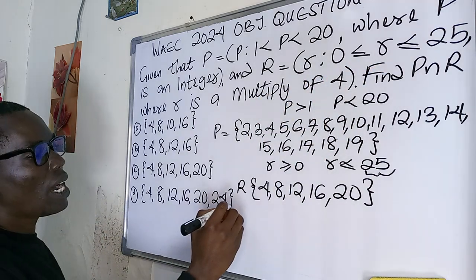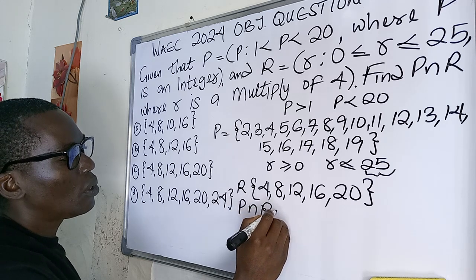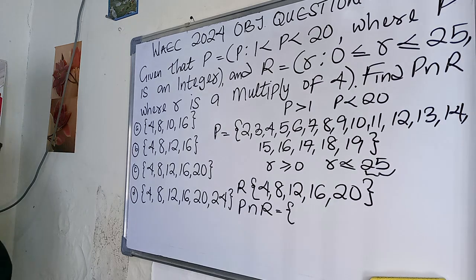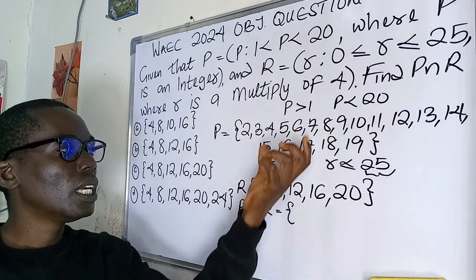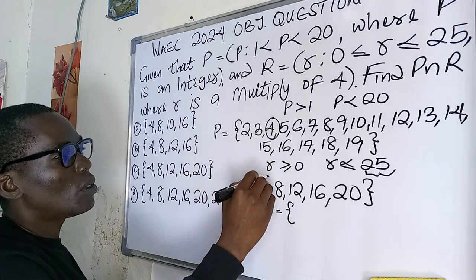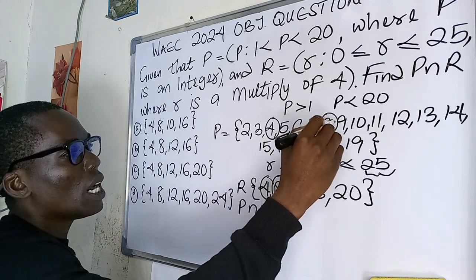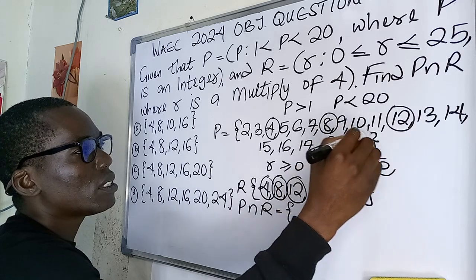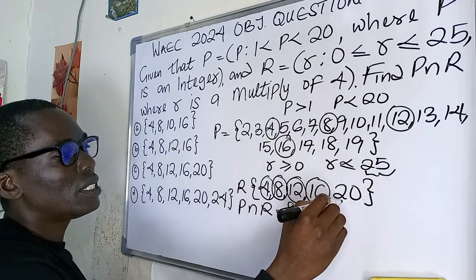Now from here we are asked to find the value of P intersect R. Intersection, when it comes to sets, means the values that are common between P and R. So we have 4, which is common, 8 is common, 12 is common, 16 is common, and 20 is not common.